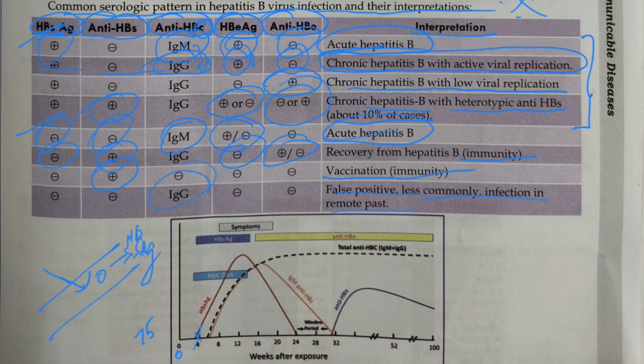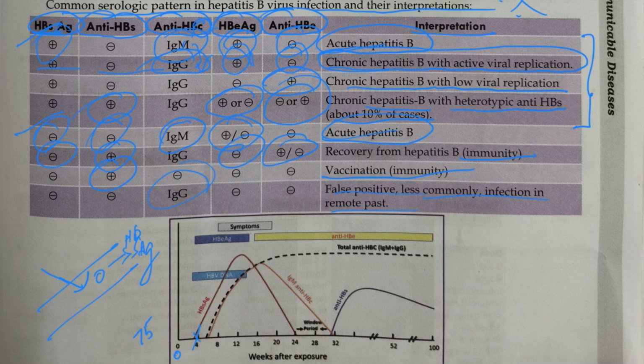Next, what else is present? HBV DNA. Total anti-HBc, the HBc antibody, also starts to appear, and HBe antigen will also start to appear. So these 3 things are there.